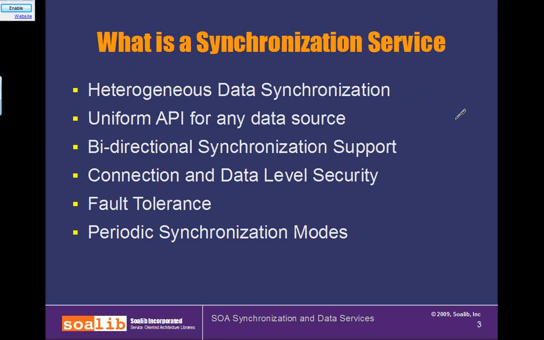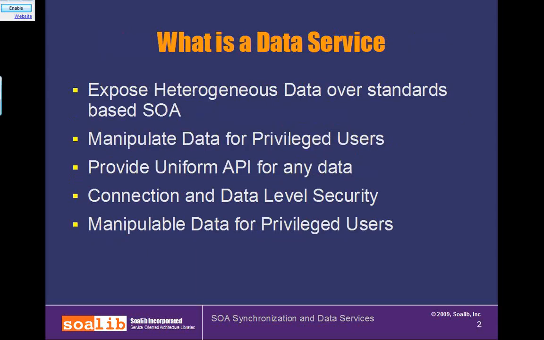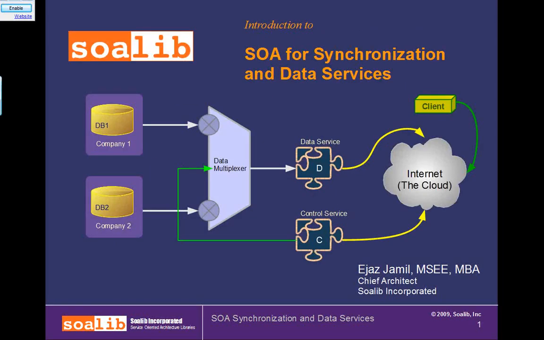What is a synchronization service? Now, a data service deals with reading and writing data. A synchronization service provides the writing and reading of data, but it also synchronizes data. So if a client wants to get data of database 1 and wants to synchronize one of their own databases, which is DB, what it does is it selects, goes through this path and into the client, and synchronizes their database with this one.